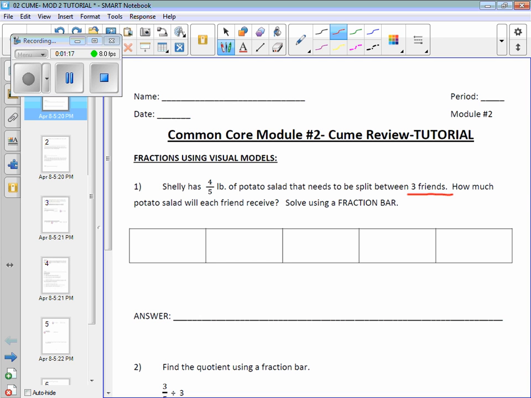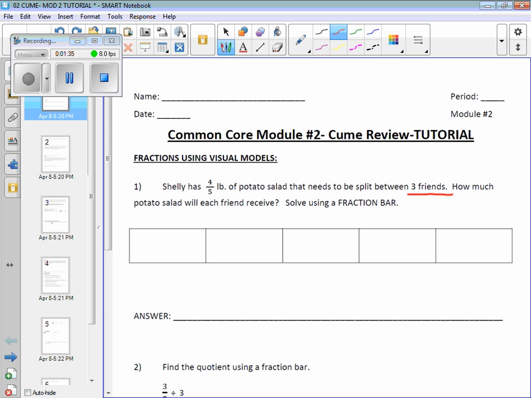We're taking 4/5 and splitting that up further. So you want to get a visual in your head that you're taking a fraction and dividing it further. So inevitably our final answer is going to be less than 4/5. So here's how we did this back in module number 2.